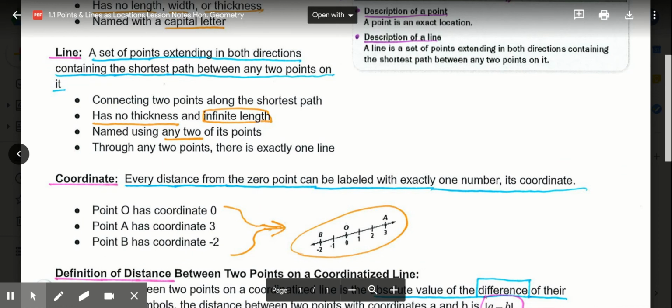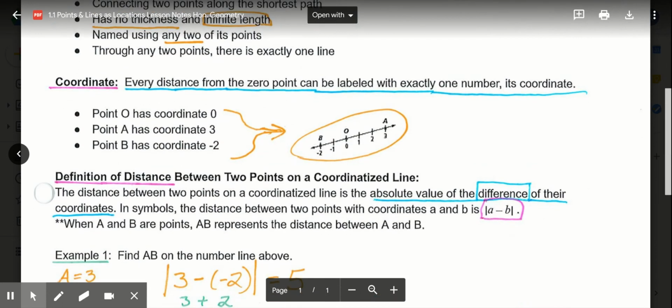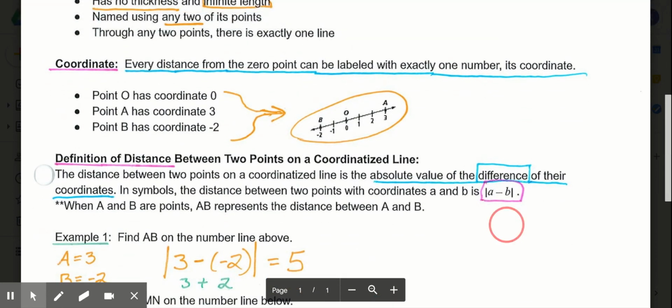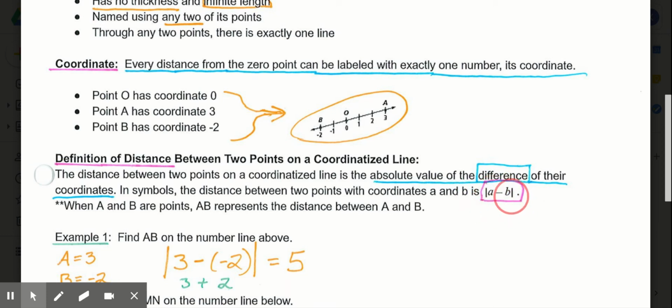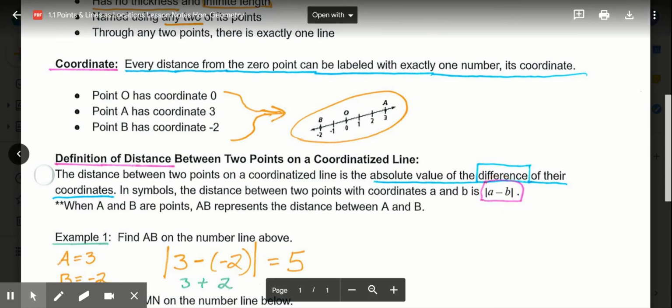By doing so, we're creating number lines where we can figure out distance, and our simple distance expression is A minus B, and not the square root, sorry, the absolute value of that. So it's A minus B and the absolute value of that.